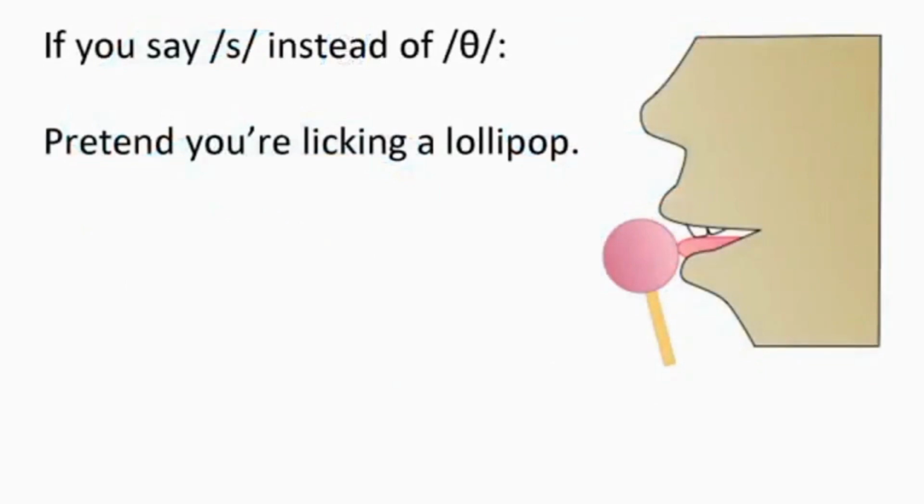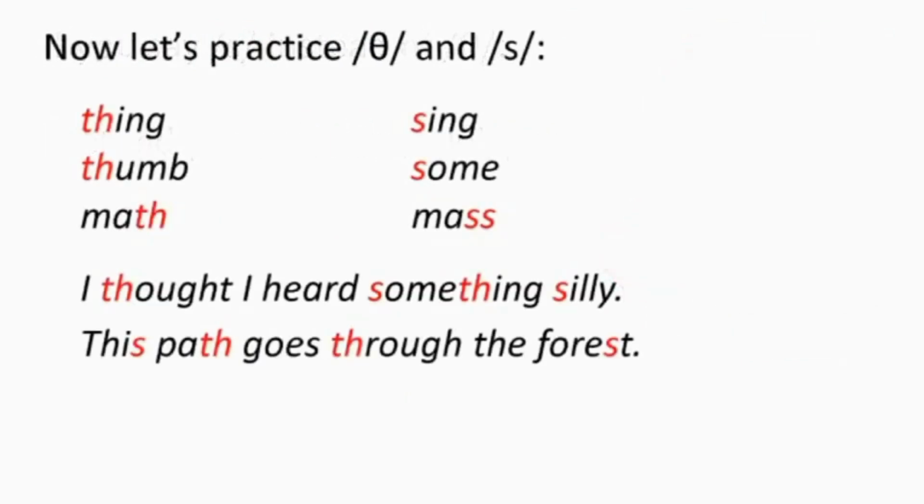If you sometimes say s instead of th, so that thing sounds like sing, try this. Pretend you're licking a lollipop. This will help your tongue stick out just a little bit so you can say the sound correctly. Now let's practice th and s.